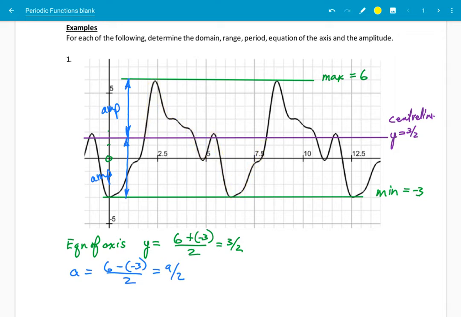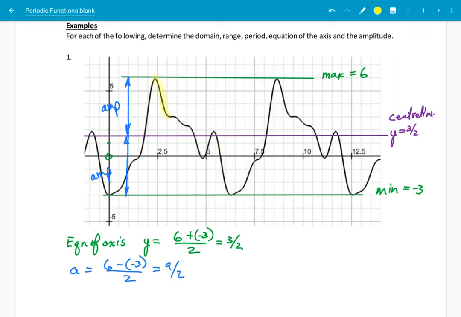Some people really like to go peak to peak. So I start at the peak and I finish at the repeated peak. And if I find the length of that, I know the length of a period. I could also do a trough to a trough. I could start at this trough point, like that. Or I could start at an x-intercept and repeat until I get to the repeated point in the pattern.